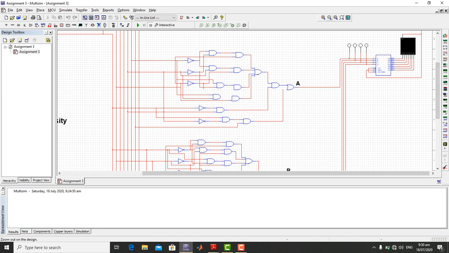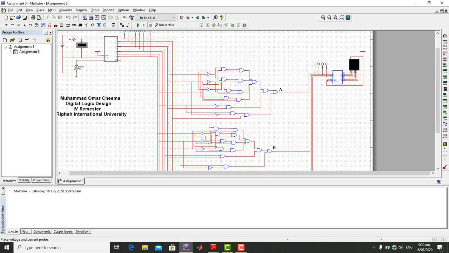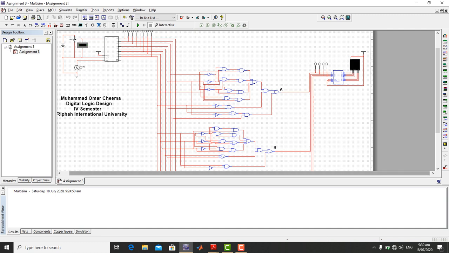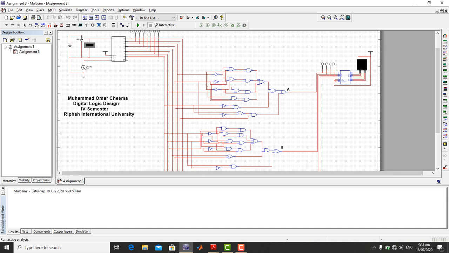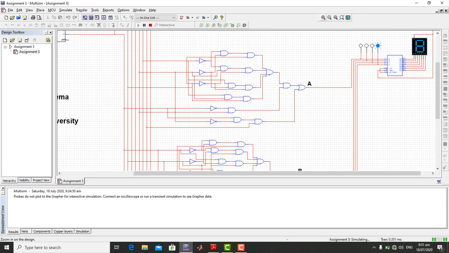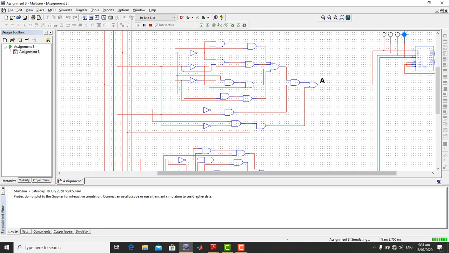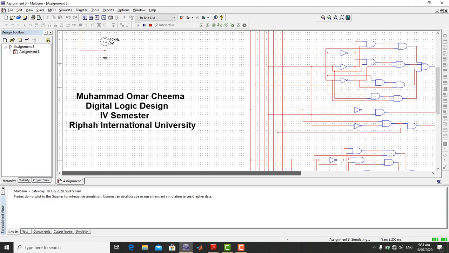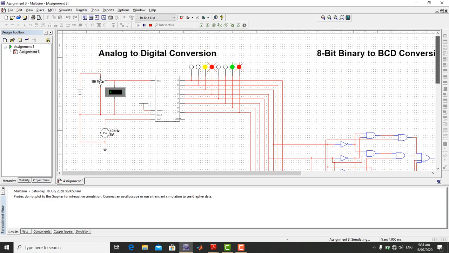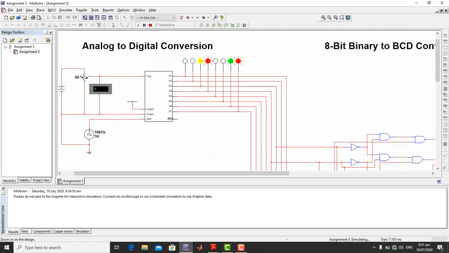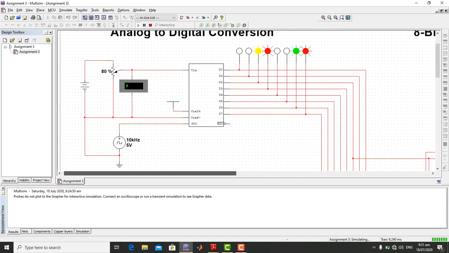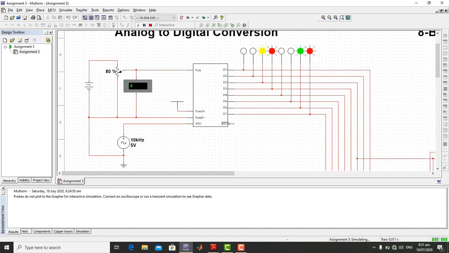Now running this simulation, on the digital voltmeter we can see the analog voltage is 8 volts.